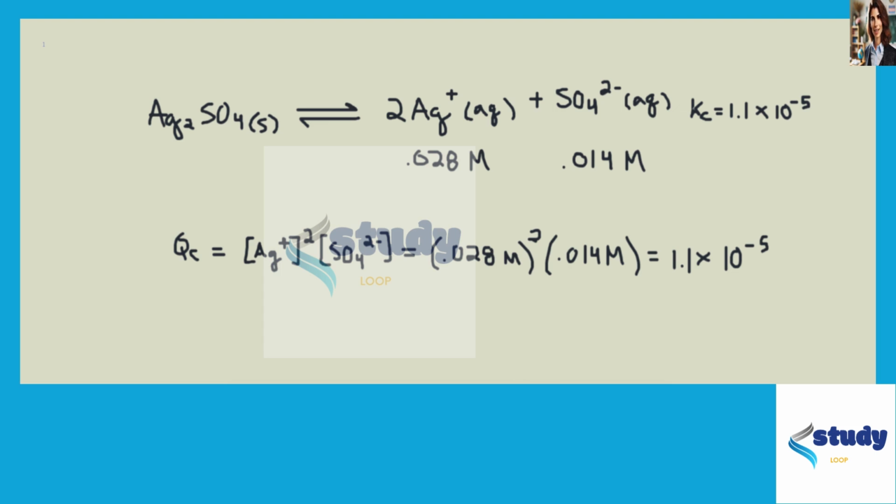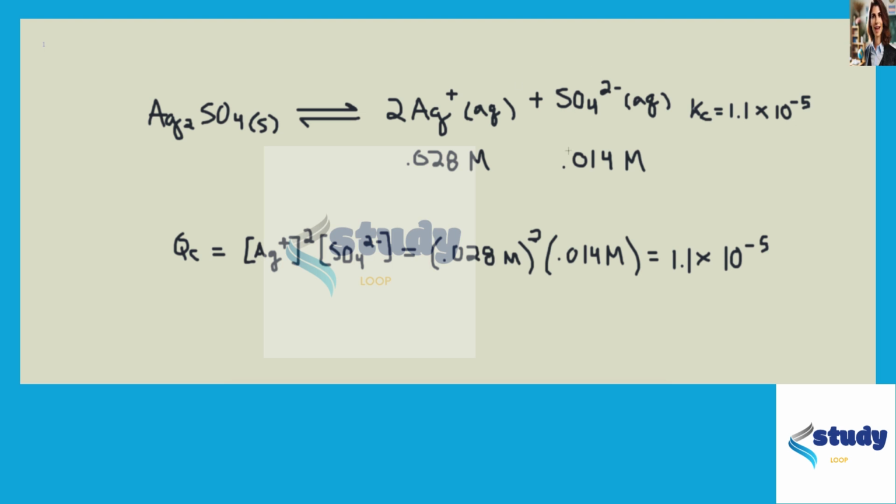Then you can convert that value to a concentration value. Well, first you can take that number of moles and you can find out how many moles of each of the products there are. For every 1 mole of silver sulfate, there are 2 moles of silver and 1 mole of sulfate.